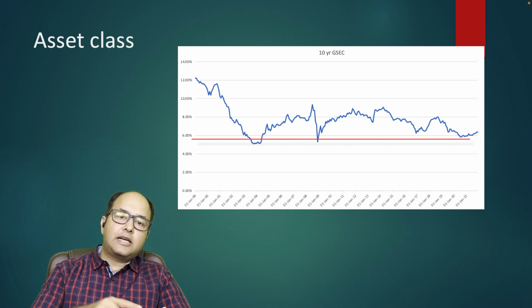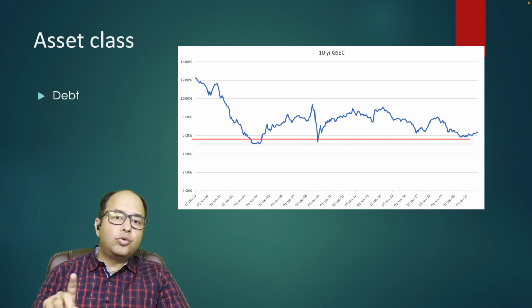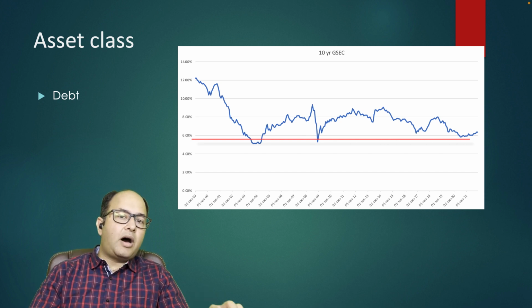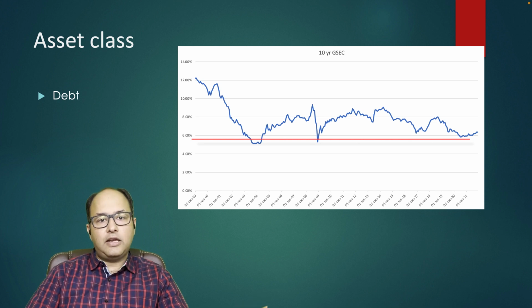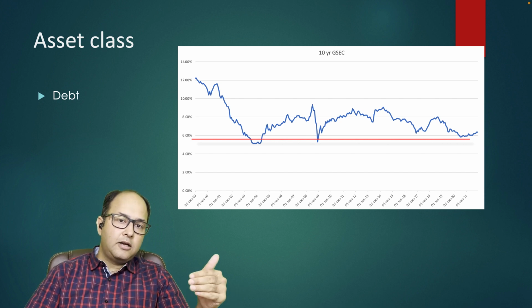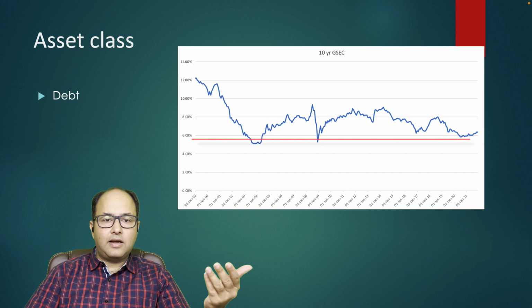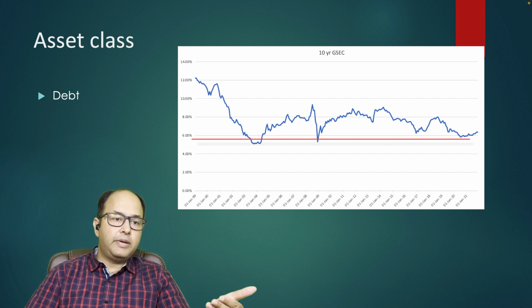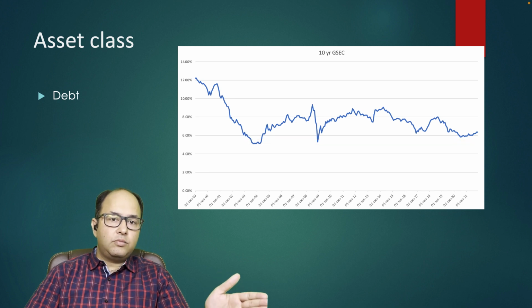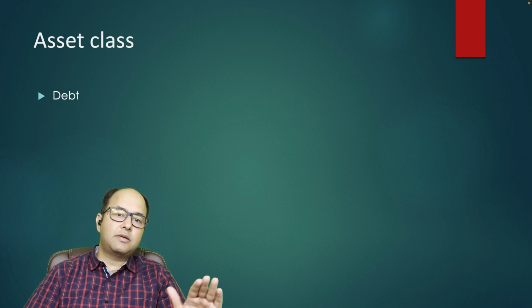If interest rates are expected to rise in the future, you do not take positions in long-term debt investments. What you do is park your money in a short-term safe investment category, or even in credit investments, that is, bonds that are not AAA but AA, A or BBB categories. These can also be invested in, but only by an informed investor who knows how to read financial statements and make a wise decision.